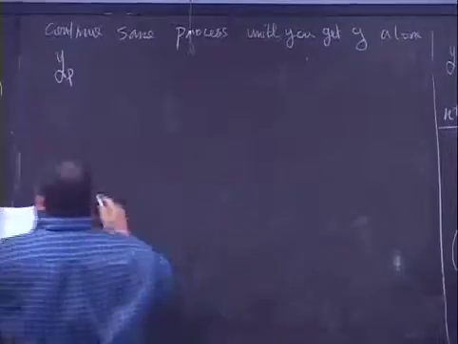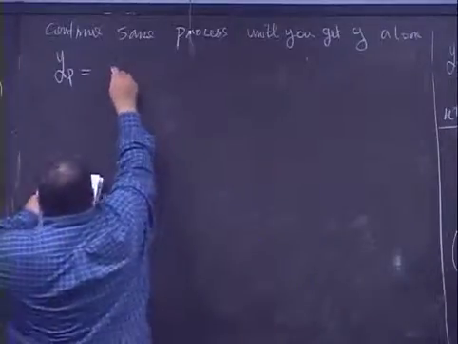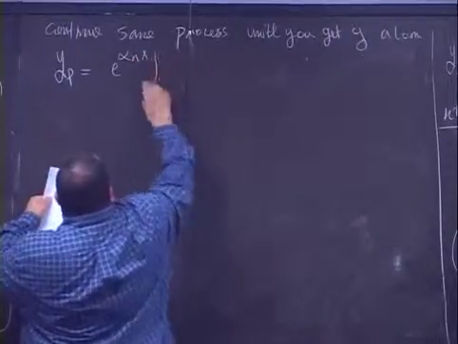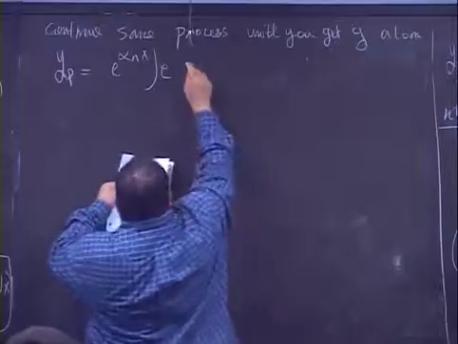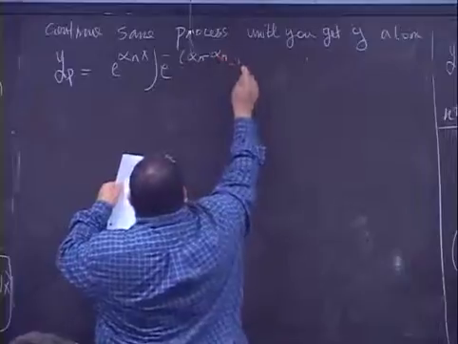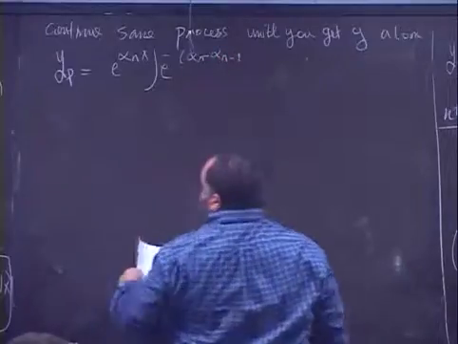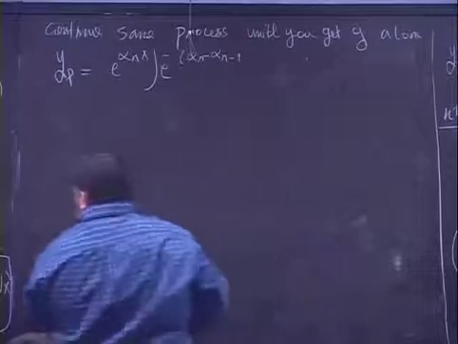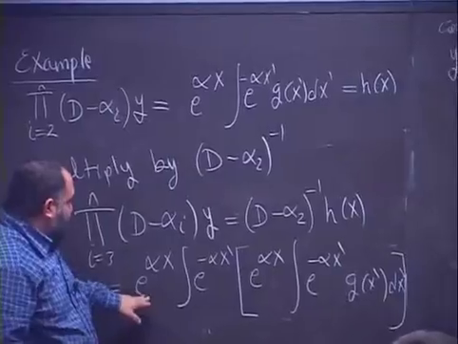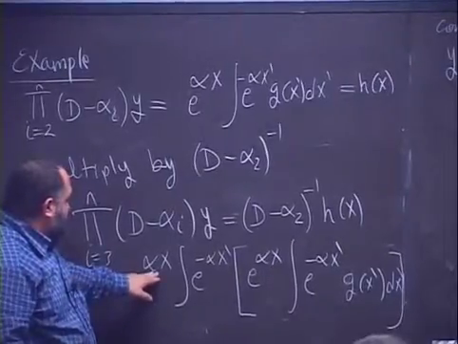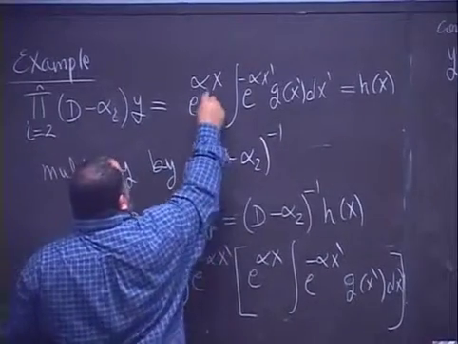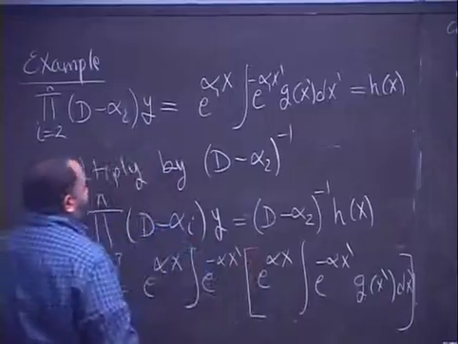So y of p will be just equal to e to the power of alpha n x, integrated, multiplied by the integration of e to the power of minus alpha n minus alpha n minus 1. Okay, guys? Because when you see here, this was the very early beginning. This was alpha 1. Yes.